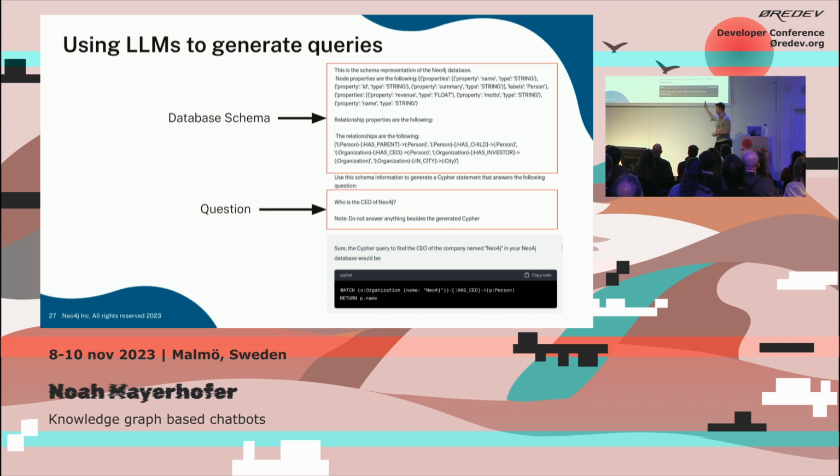And then we send the question, and at the bottom here we get some Cypher generated. Here we asked, who is the CEO of Neo4j? And we get a Cypher query that says to find the organization called Neo4j, find the relation has CEO, and return the person at the end of that relation. And that will find the right person, of course. So that's great. That kind of works.